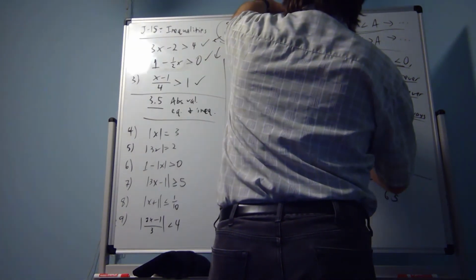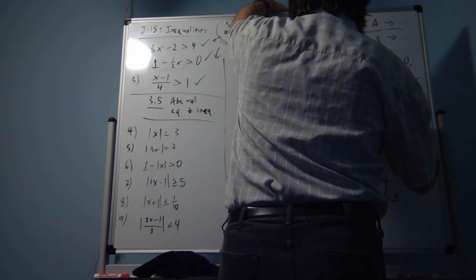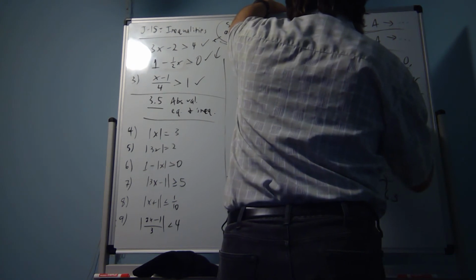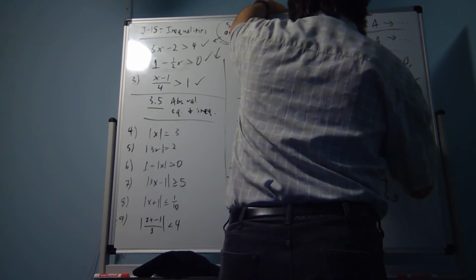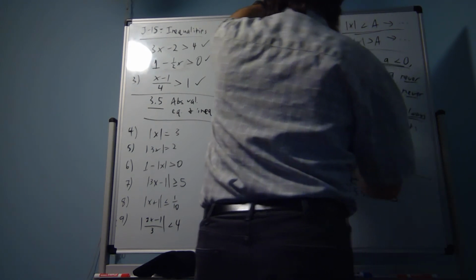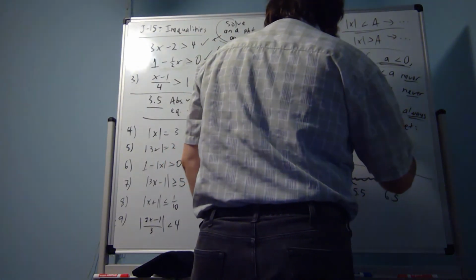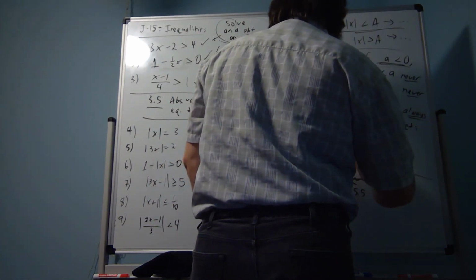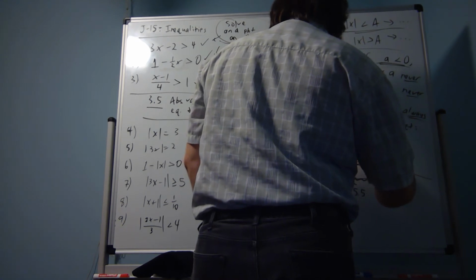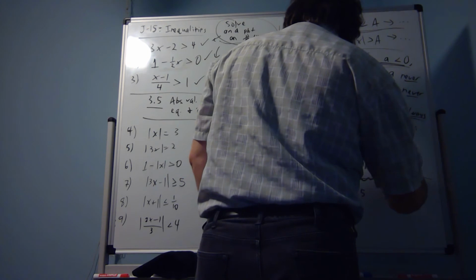So, for example, when is the absolute value of x less than negative 2? Well, the absolute value of x is never less than negative 2.